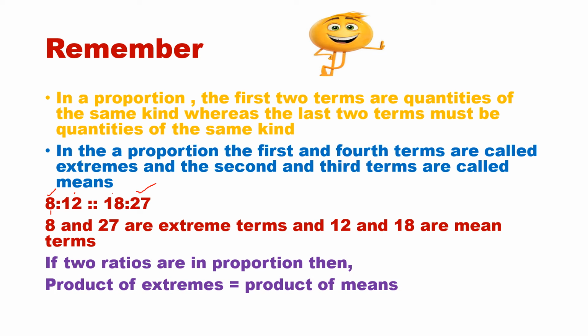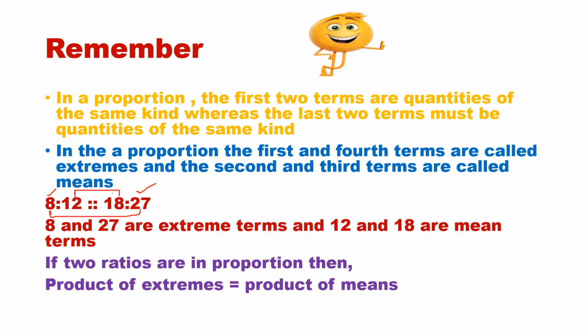Now when two ratios are in proportion, then the product of extremes is equal to the product of means. This is the relationship. So that means when you multiply the extremes 8 into 27, whatever you get should be the same as the product of means, that is 12 into 18.